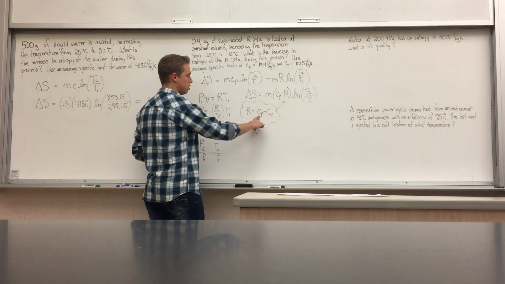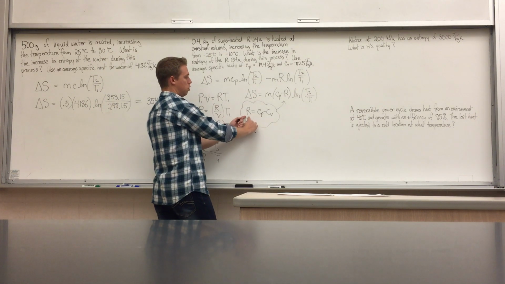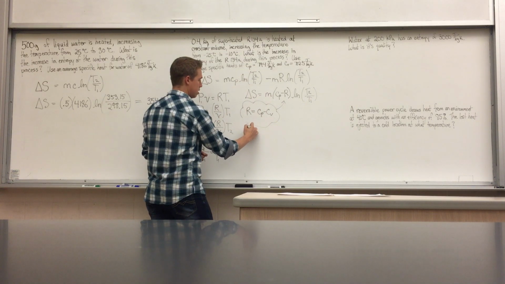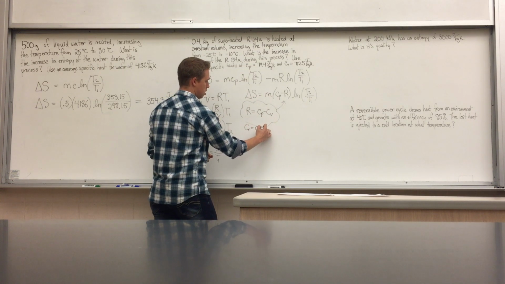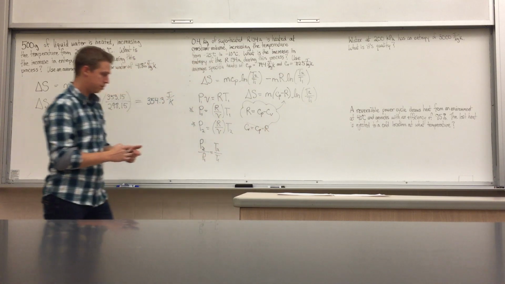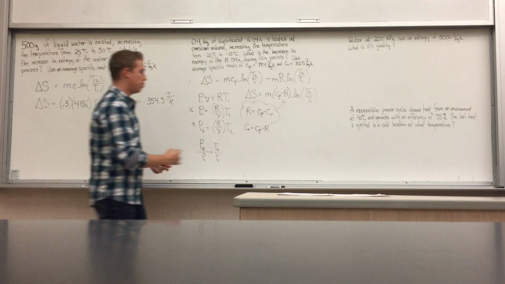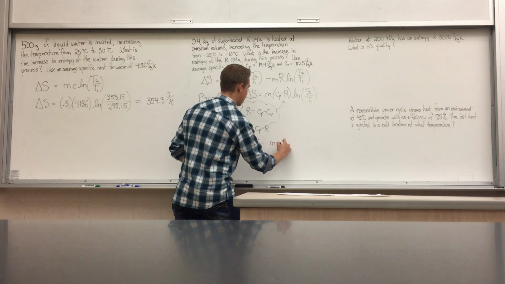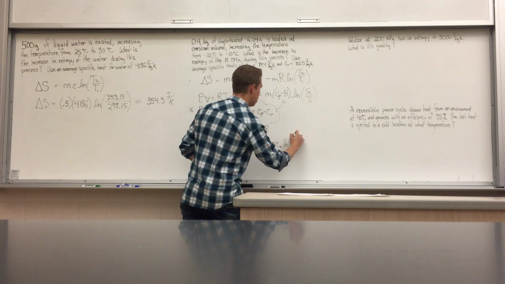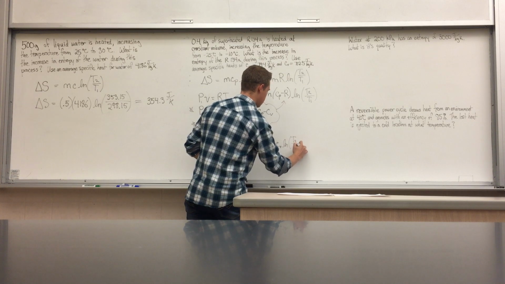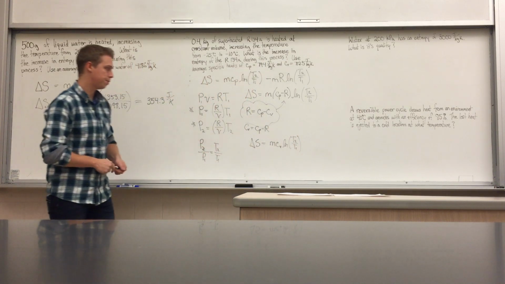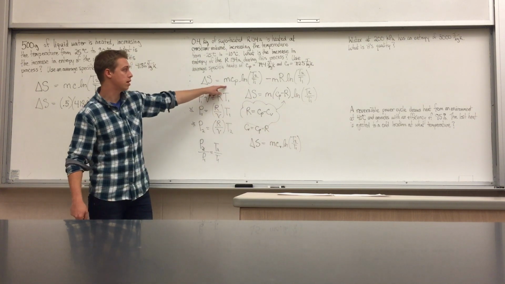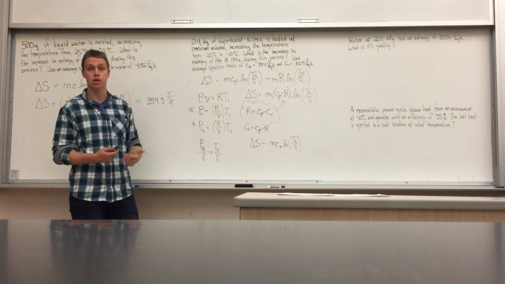So, I can write Cp minus R. If I move R to this side, and if I move Cv to this side, I get Cv equals Cp minus R. What that ends me up at is delta S equals mCv ln of T2 over T1. A much simpler formula to plug numbers into than up here, only at the cost of thinking through a little bit of algebra.